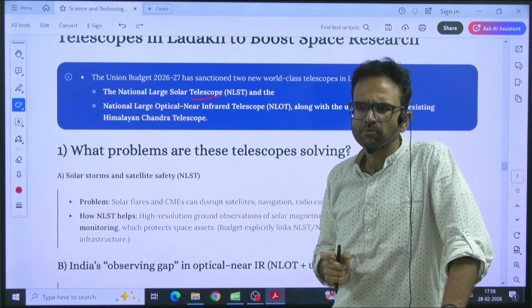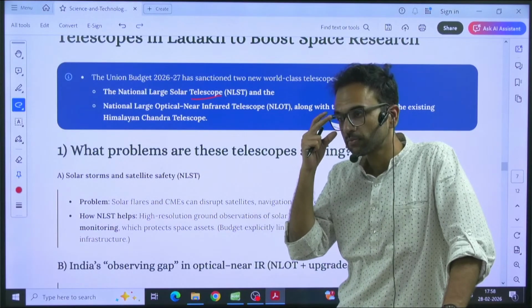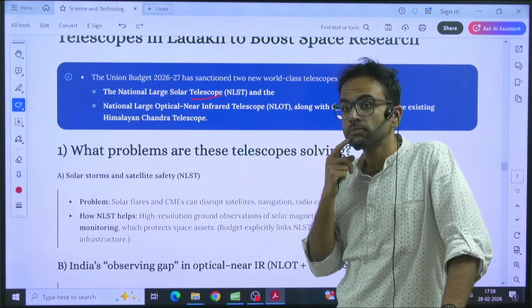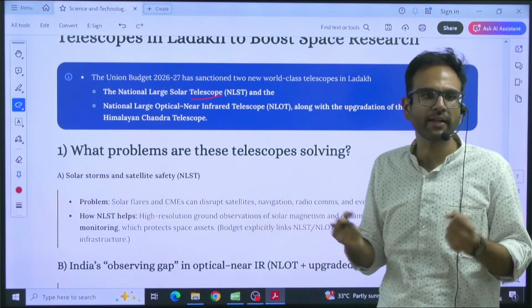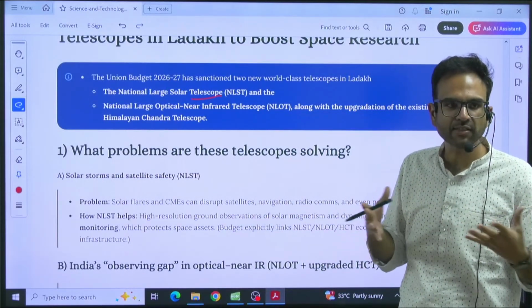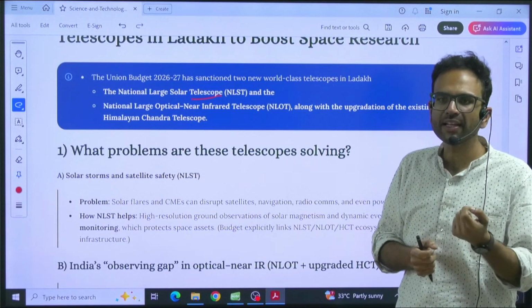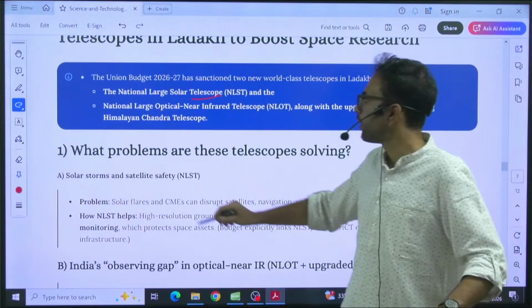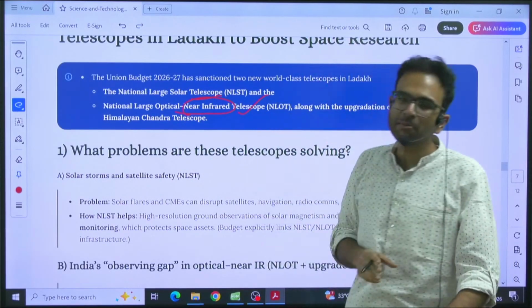Why not a normal solar? It is the quantum of data you can capture. The large size is attributed to the quantum of data it can capture at a given moment. Now, large optical near infrared telescope. What do you mean by near infrared?